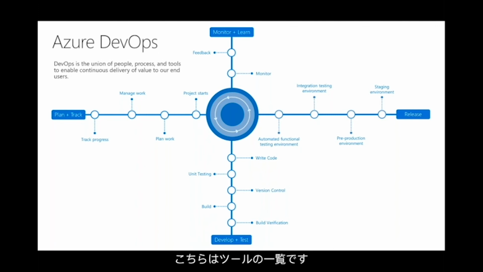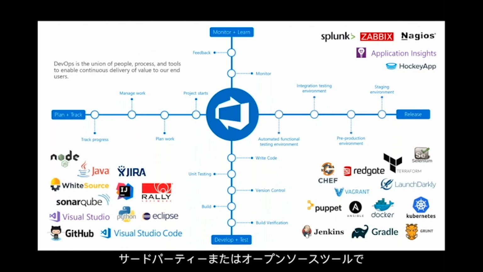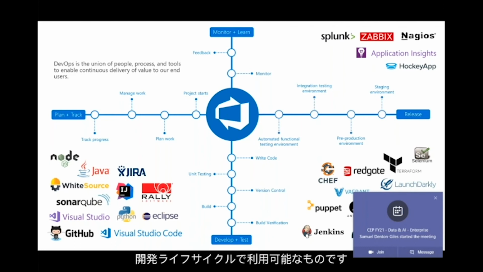And this is an entire stack of the tools as well, third-party or open source tools that are currently available that you could use for any of these different cycles within your application development lifecycle, and the tools that can be plugged and played with Azure DevOps.